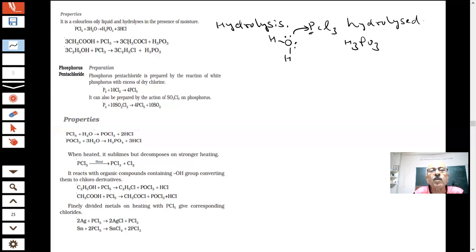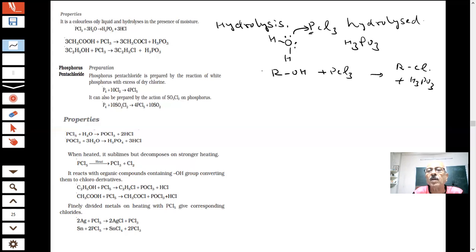And you can see PCl3 reacting with carboxylic acids, and you have already seen this reaction. Alcohols plus PCl3: what is the product? RCl plus H3PO3, students.